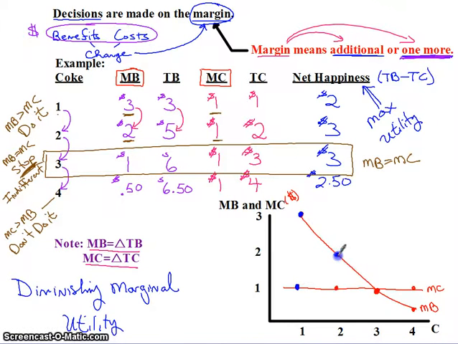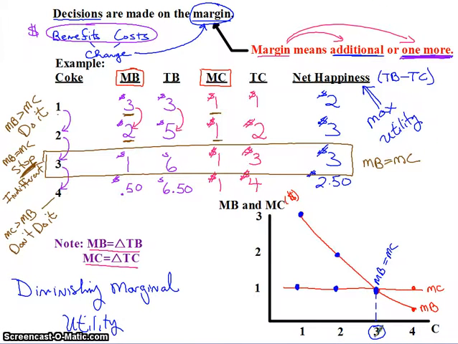Because the marginal benefits are greater than the marginal cost. What about Coke number 3? Marginal benefits equal marginal cost. That's where I stop. That's how many I buy. I buy 3 Cokes. Why? Because that's where the marginal benefits equal the marginal cost. So I engage in a behavior all the way up to the point where the marginal benefit equals marginal cost.